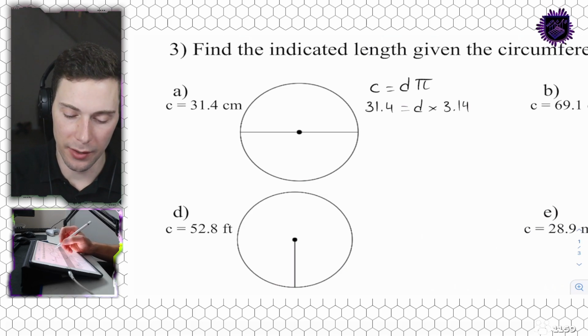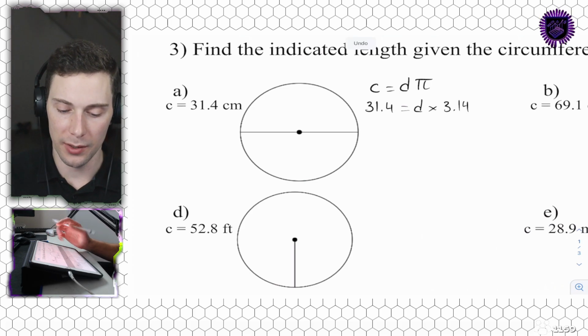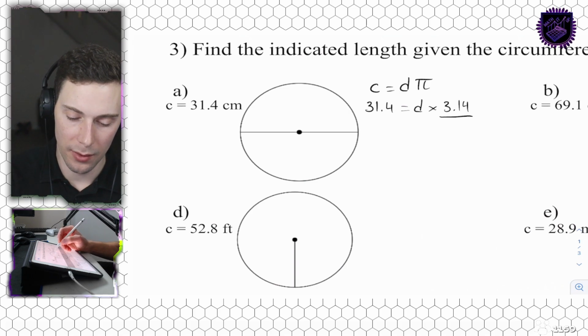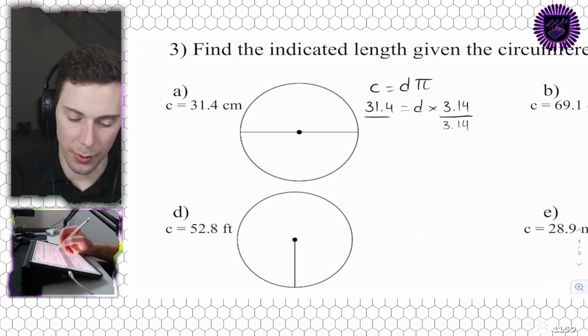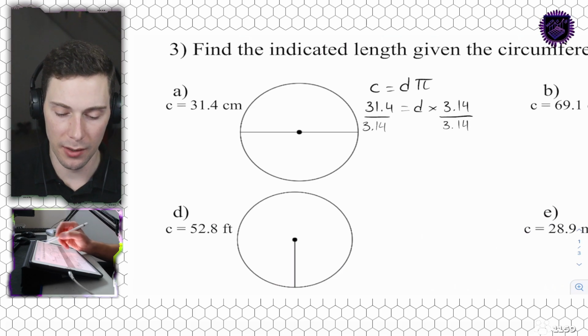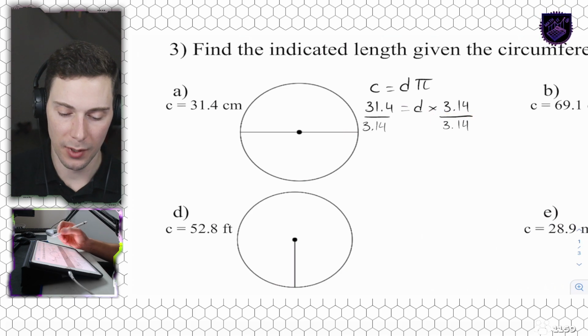Now, to get this diameter by itself over here, we can simply divide 3.14 from both sides, right? It's being multiplied, and we want to do the opposite, so we're going to divide. On this side, it turns into 1.